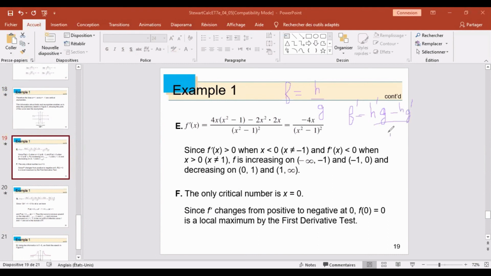Then, thanks to this formula, h is equal the numerator and g is equal the denominator. When we apply this formula, this is the derivative.